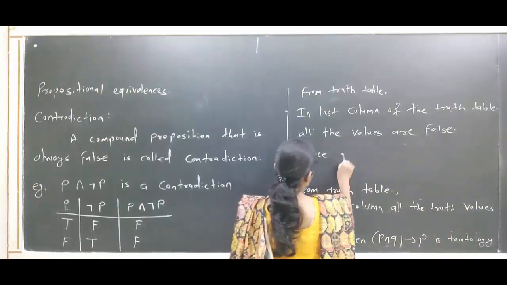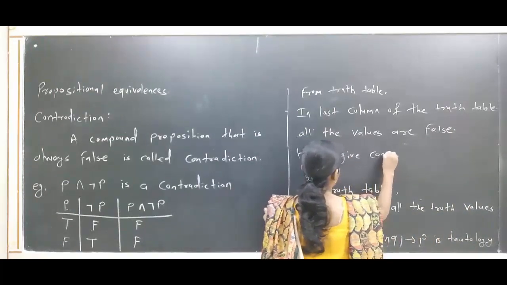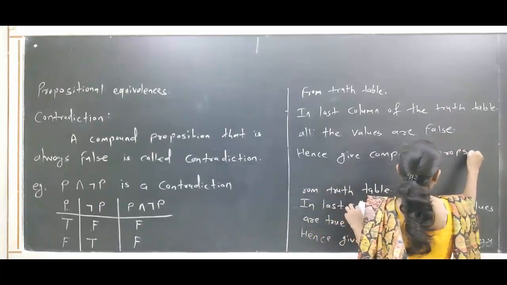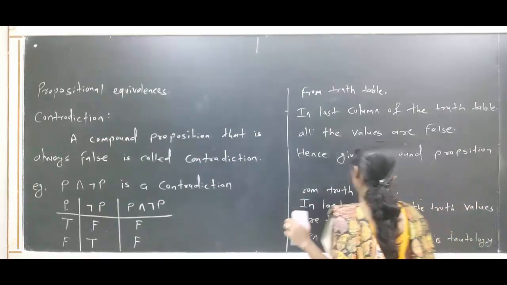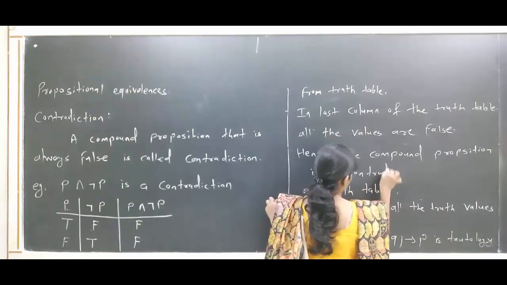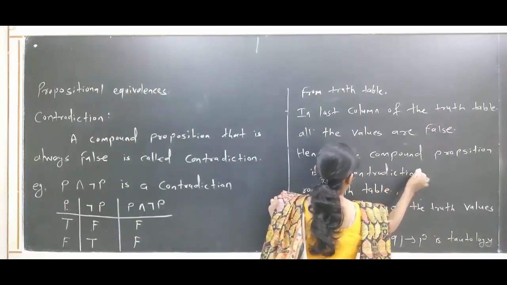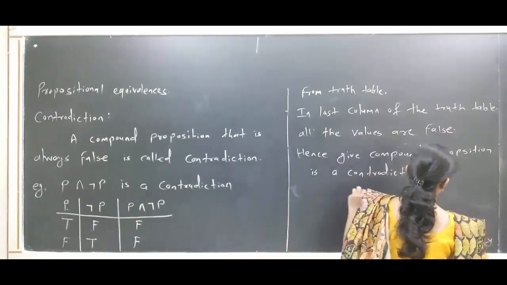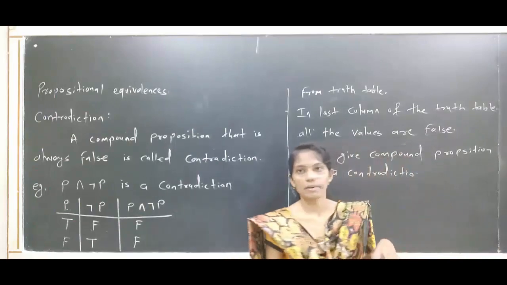Hence the given compound proposition is a contradiction. So in the last column all the truth values are false, hence this is called a contradiction.